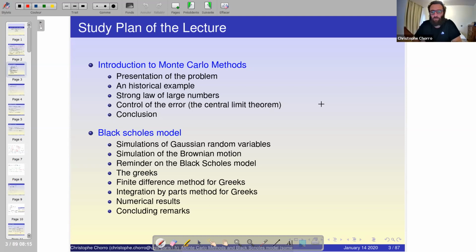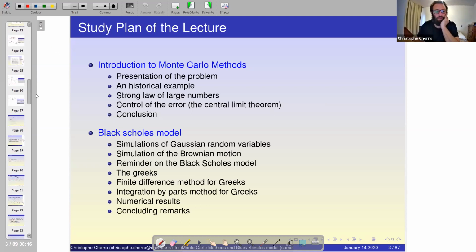But I just want to remind you, in a few words, how we do this in practice, and how from Gaussian random variables we can easily pass to the trajectory of the Brownian motion, and so the trajectory of the risky asset in the Black-Scholes model. So that's what we are going to start with.